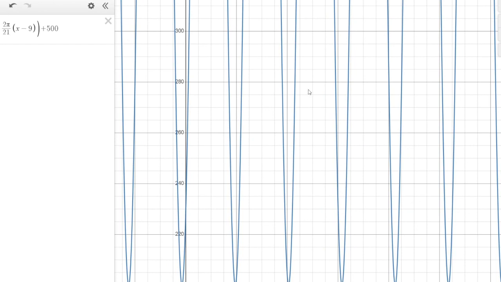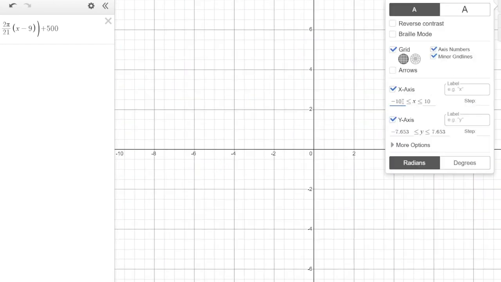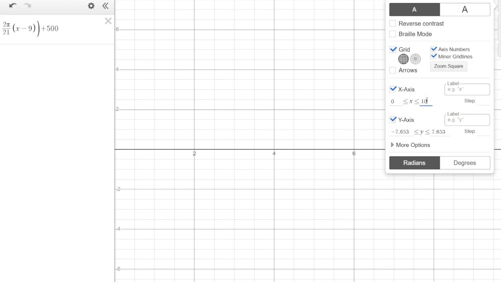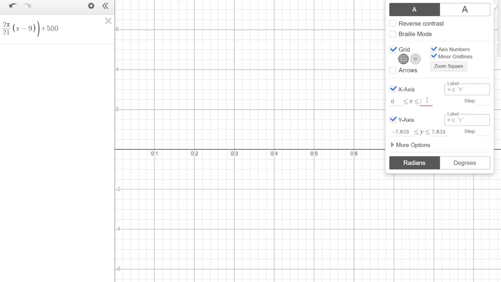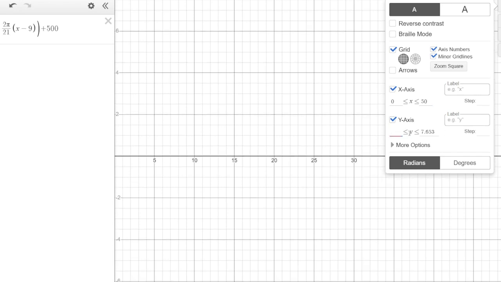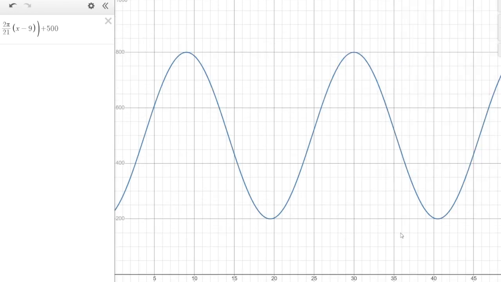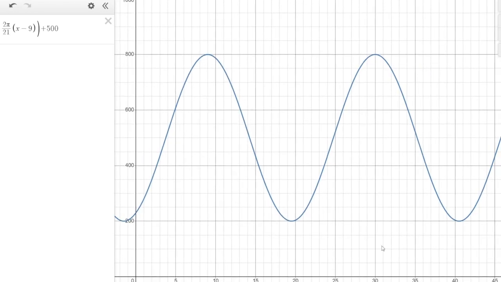Since we're only looking for 2 periods, we can just do a bit more. So right here, on the y-axis, we can do 0 to, let's say, 50 days. For x, we can do negative 100 to 1000. Alright, from here, this is what the graph should look like. Not like earlier when it had those really tight lines, just the scaling is a bit different.